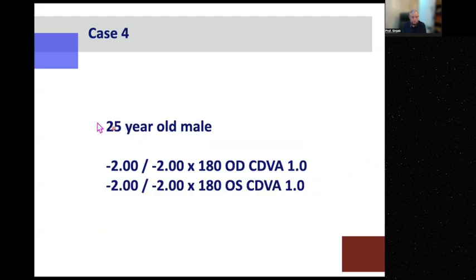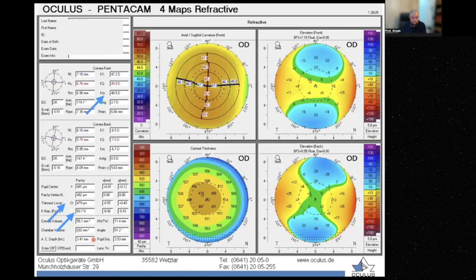Now, case number 4, 25 male. All right. Now look at this. We have thin, steep cornea, which looks to be normal, but thin and steep.